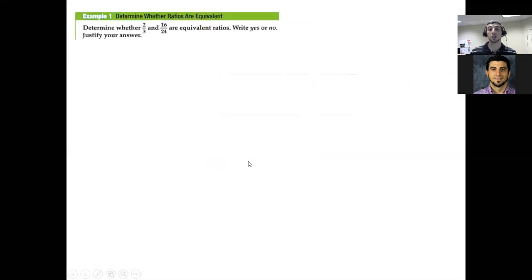All right, so let's determine whether 2/3 and 16/24 are equivalent ratios. Yes or no, and justify our answer. Here we don't want to come up with an equivalent ratio, but to show whether these two ratios are equivalent or not. To get from 16 to 2, you have to divide by 8, or to go from 2 to 16, you have to multiply by 8.